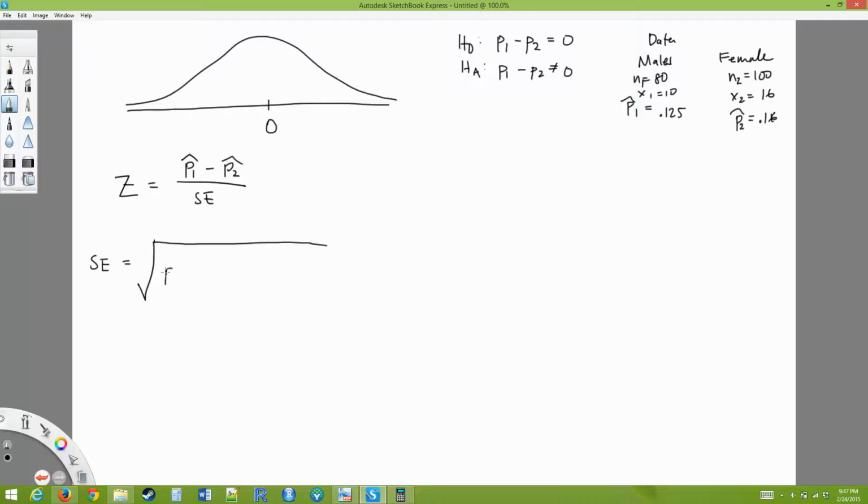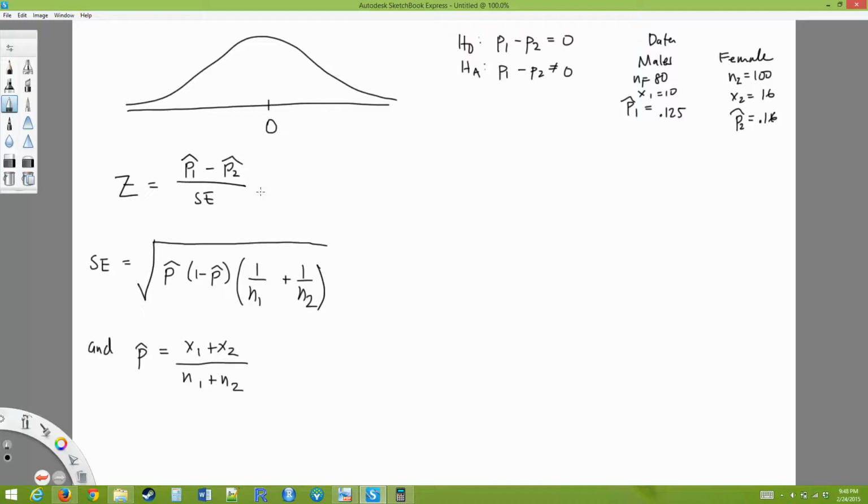The standard error is the square root of p hat times 1 minus p hat times the quantity 1 over n1 plus 1 over n2, and p hat itself is equal to x1 plus x2 divided by the quantity n1 plus n2. That's the worst part. It's not that terrible. You figure all of this out, plug it in, and you get a z-score.